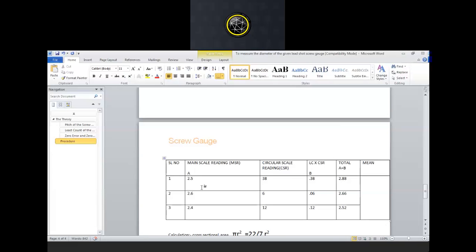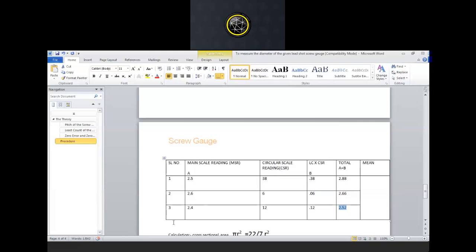Then see, I have taken three measurements. Then what we have to do? We have to add this one, this one, this one. We have to add these three. After that, I have to divide it by three because I have taken three measurements.